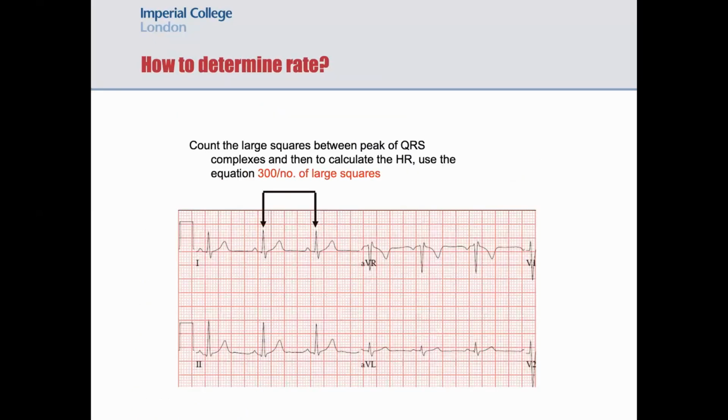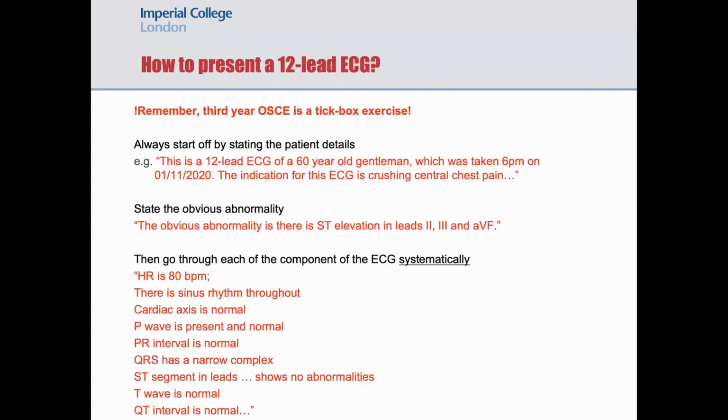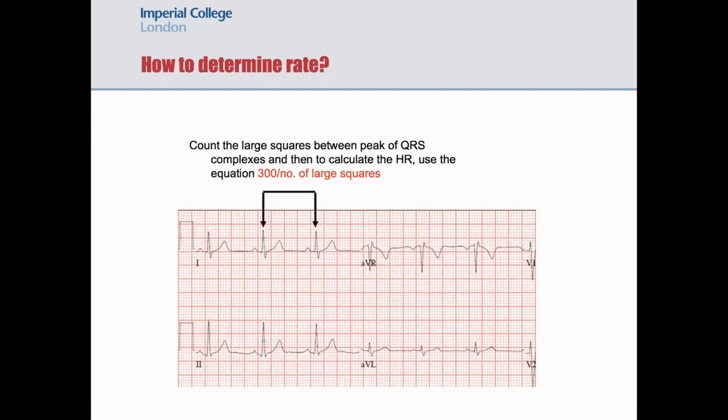Okay, so now I'm just going to go through how to interpret each of the components that were already listed on the slides before we go through some example ones. So, how to determine rate. Do all of you know the equation of 300 divided by the number of large squares between the R to R interval to work out the rate?